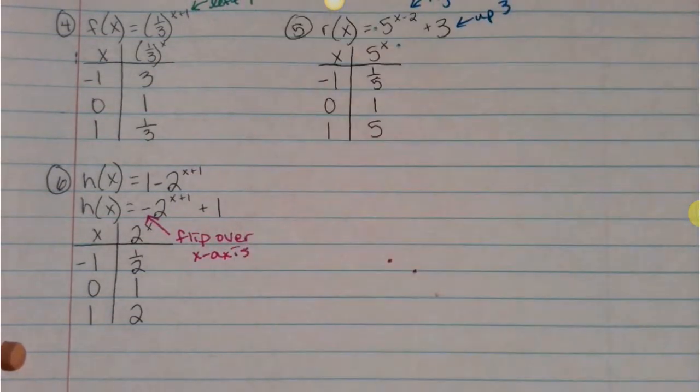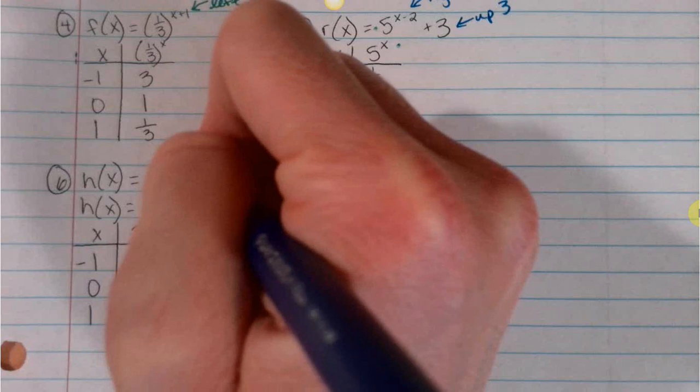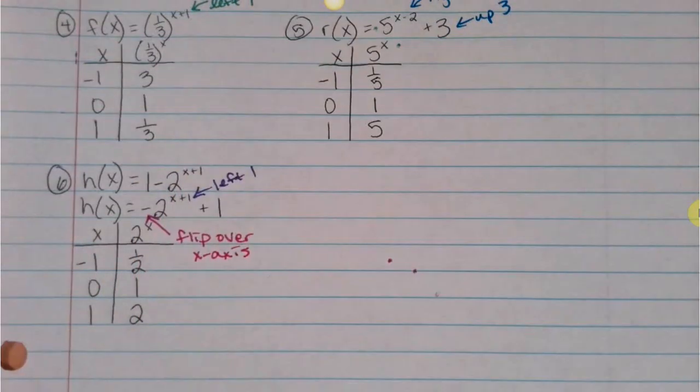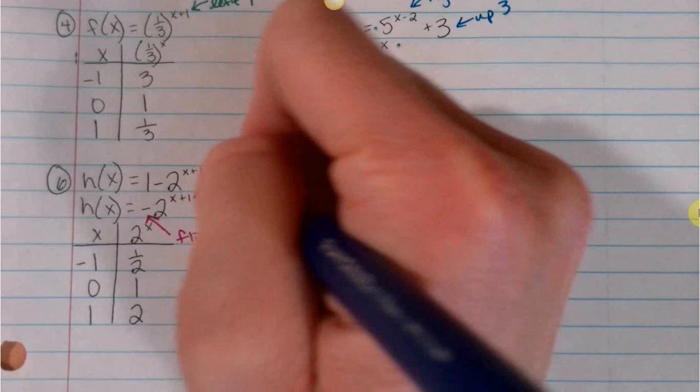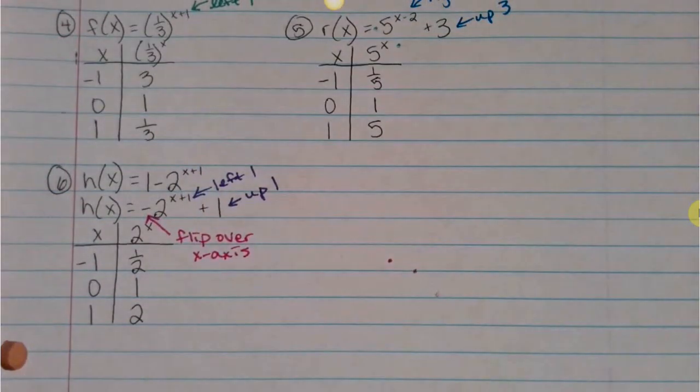And then the plus 1 that's inside the exponent tells us to move all of our points to the left 1, and the plus 1 on the end of the function tells us to move all of our points up 1.